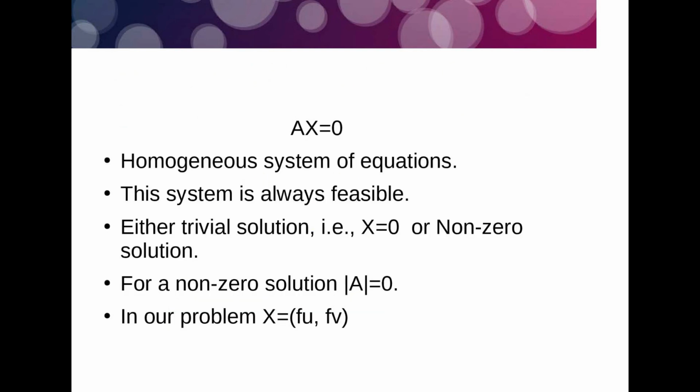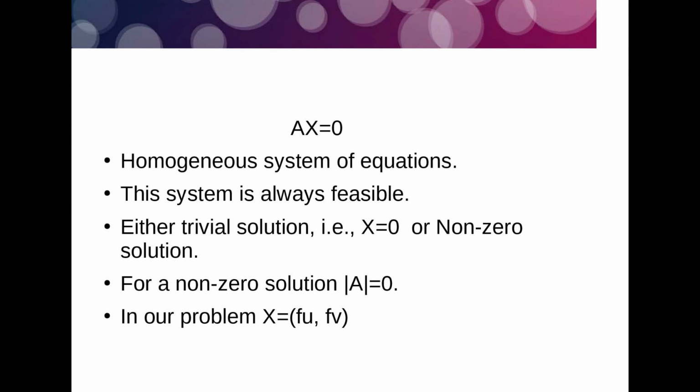In the previous example, while eliminating partial derivative of f with respect to u and partial derivative with respect to v, I said it is something similar to a system of equations Ax equal to 0. This is a homogeneous system of equations. It is always feasible.